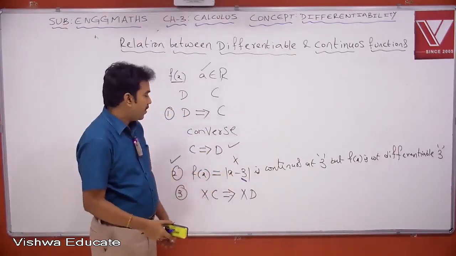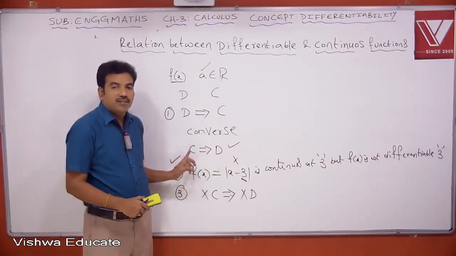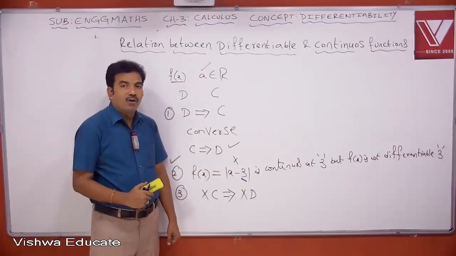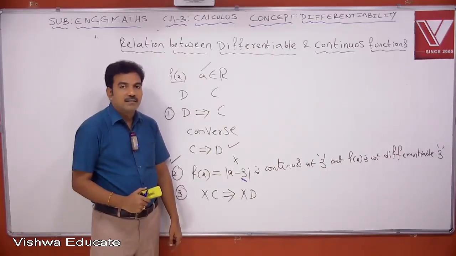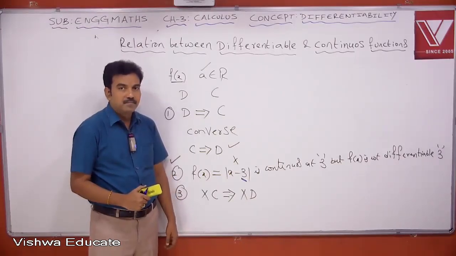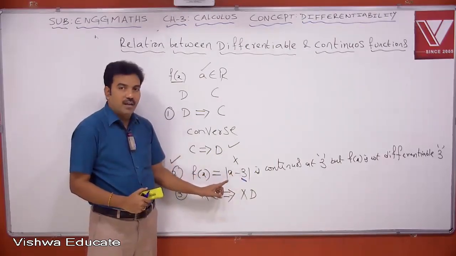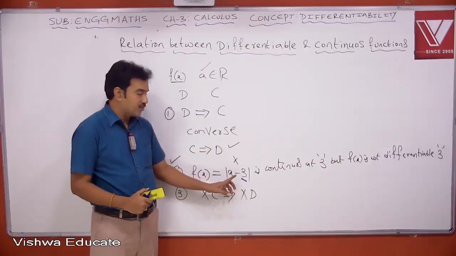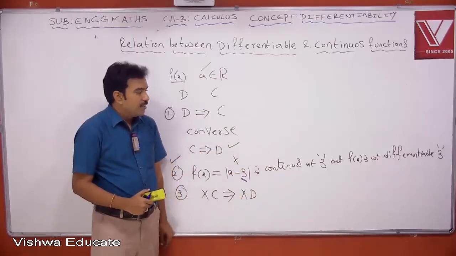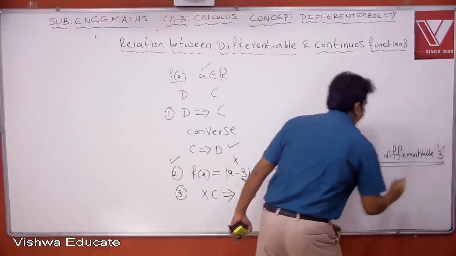That is, if f of x is continuous at a point A, then f of x may or may not be differentiable at a point A. Counter example, f of x equal to modulus of x minus 3 is continuous at 3 but not differentiable at 3.